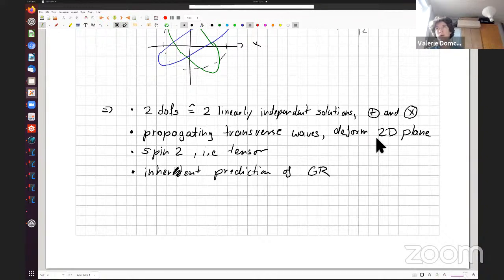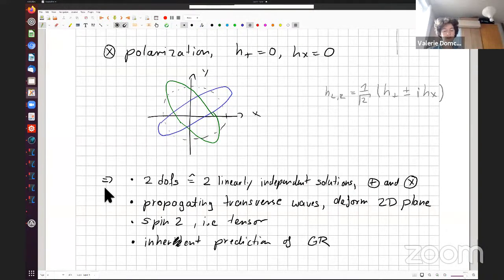So in models where you add a mass term to your gravitational waves, you don't only have these 2 degrees of freedom, the plus and the cross, but you have additional longitudinal modes and additional scalar modes.